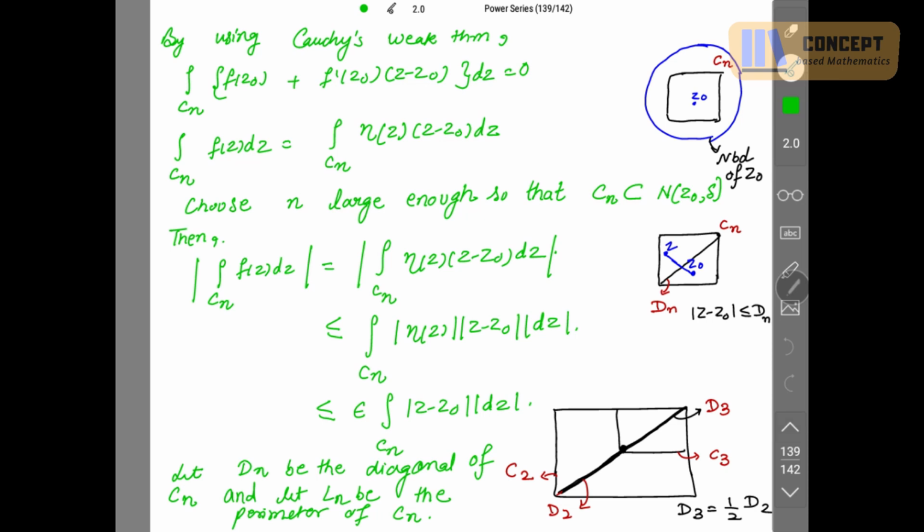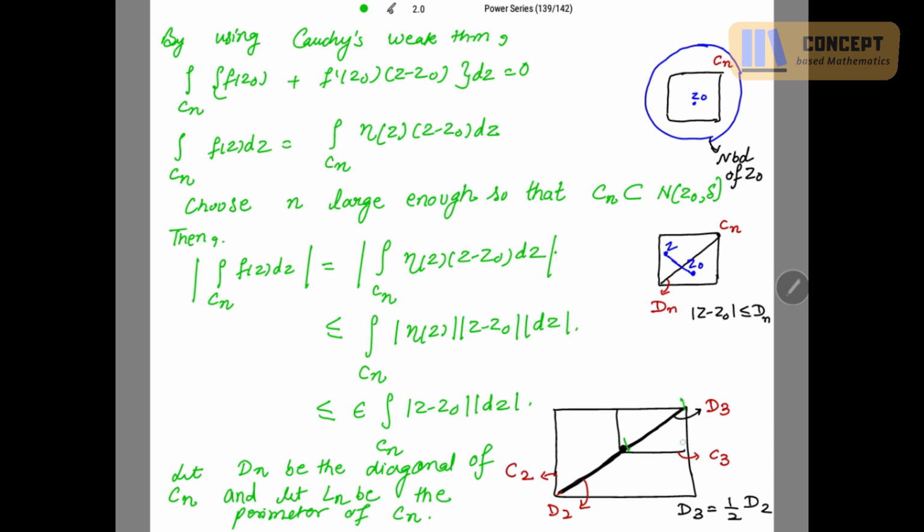See, suppose you have this rectangle C2 and this is the diagonal of the rectangle C2. C2 is divided into 4 equal congruent rectangles, and let us name this rectangle C3, and this is the diagonal of C3, that is D3.